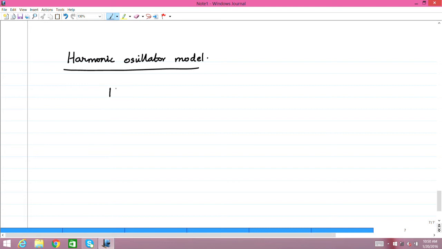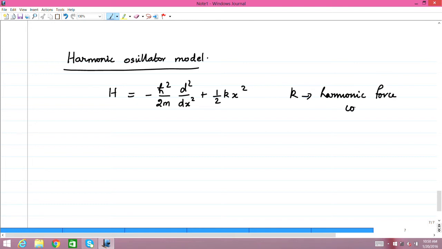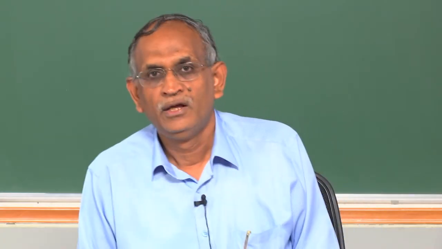The harmonic oscillator Hamiltonian has a potential energy which is parabolic, or quadratic, and the kinetic energy is of course p square by 2m, which is written as minus h bar square by 2m d square by dx square, plus half k x square, and k is the harmonic force constant, expressing the stiffness of the harmonic motion, whether the motion is very rigid or whether the motion is very flexible.